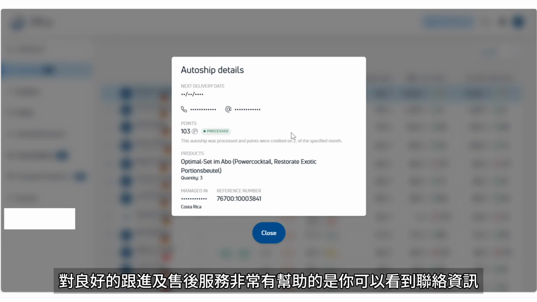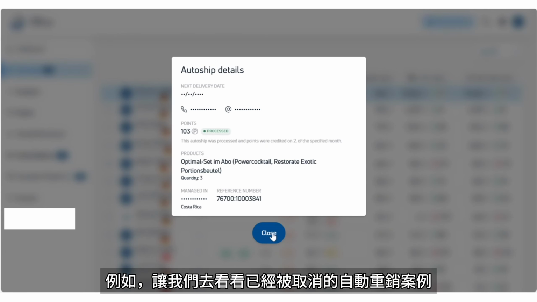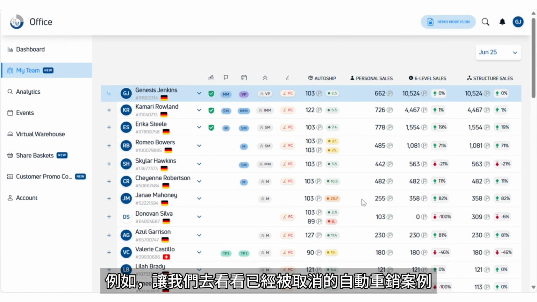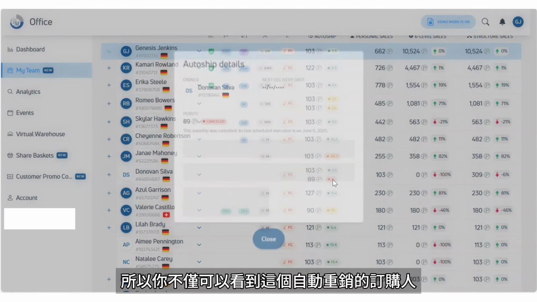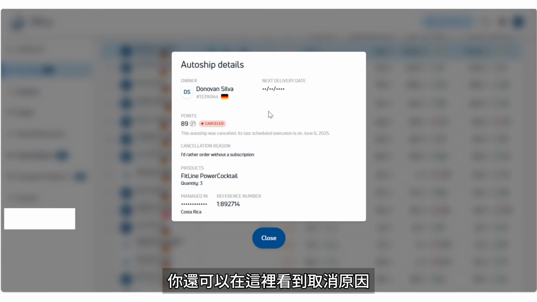And very helpful for a good follow-up, you see the contact details and the email address of this person. Why is this so important? Let's go, for example, to a cancelled ordership. Here you see not only who is the owner of the ordership, you see the cancellation reason, which is super interesting and super important for a quick follow-up.